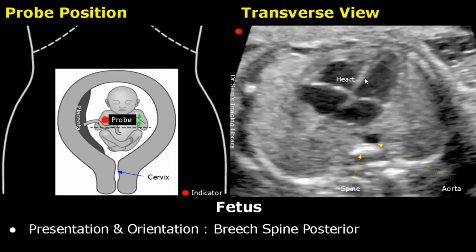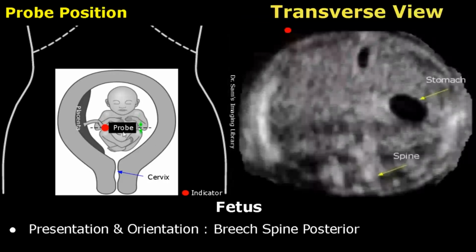This will be the heart's orientation, directed towards the right half of the image, with the spine seen at the bottom. Move down towards the cervix until you locate the stomach.